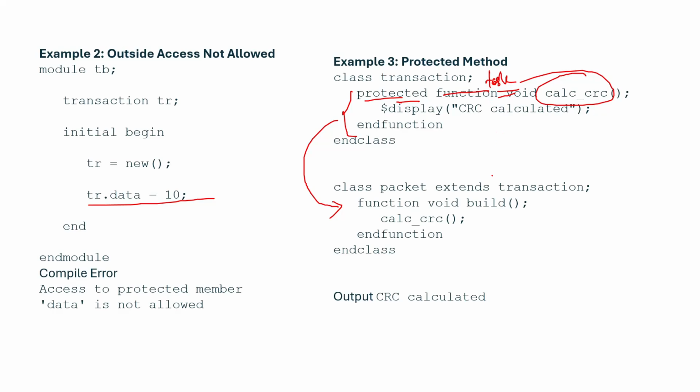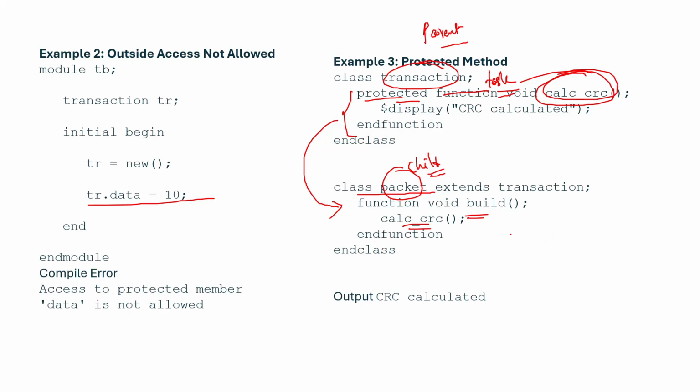That method name I can call in my child class. Class packet extends transaction, packet is the child class. This is your child class and this is your parent or base class. Now I am calling the method calculation CRC in my child class. So calculation CRC is the method name, and I can call that method in my child class.